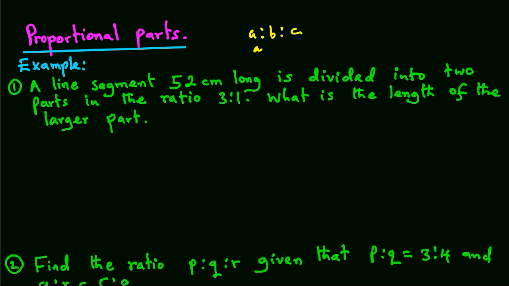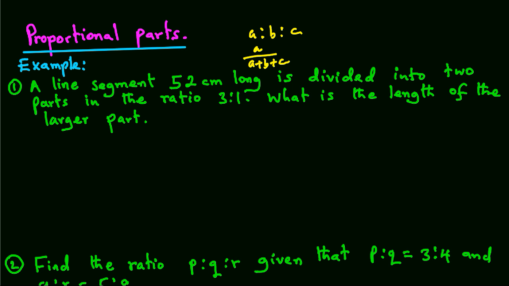For instance, ratio A over A plus B plus C. Similarly, we do that to B, and its proportional part will be B over A plus B plus C. And to get the portion represented by ratio C, that would be equals to C over A plus B plus C.